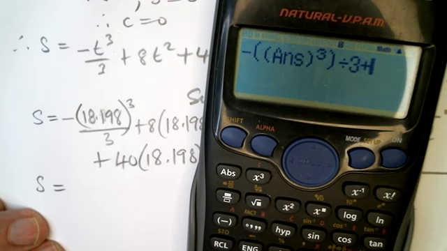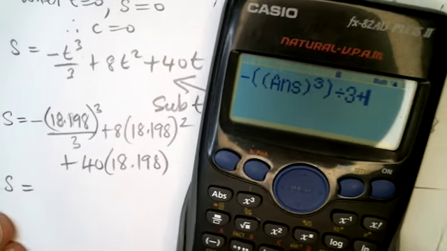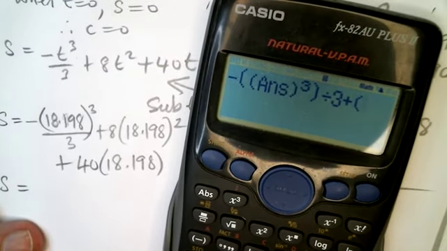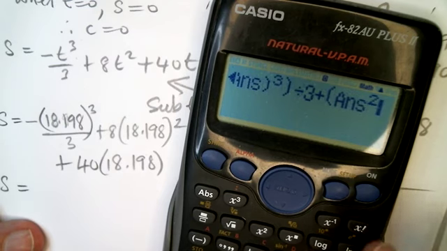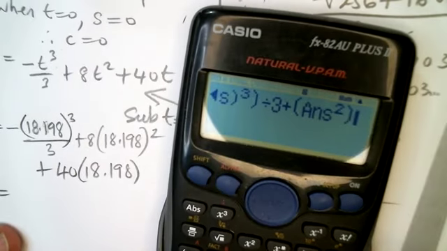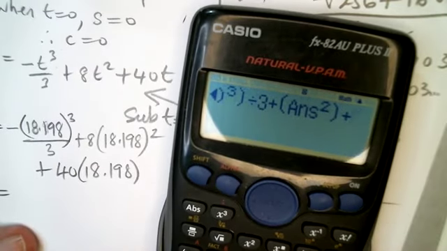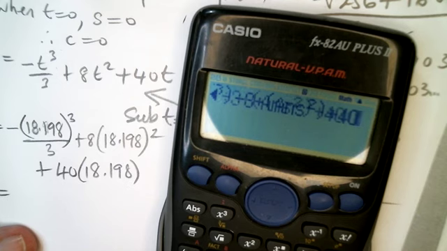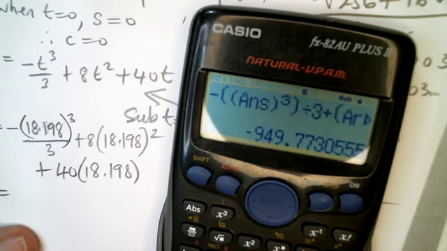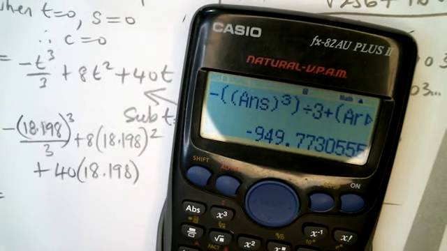Then plus the answer squared plus 40 times the answer. And what do we get? Something awful. So that's not what we should end up with.